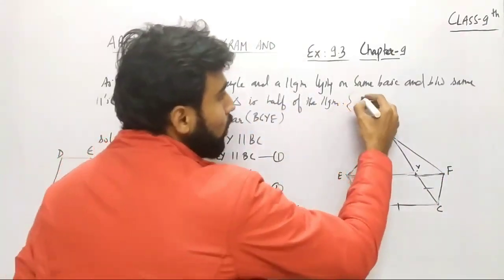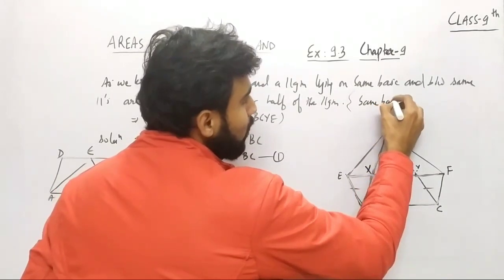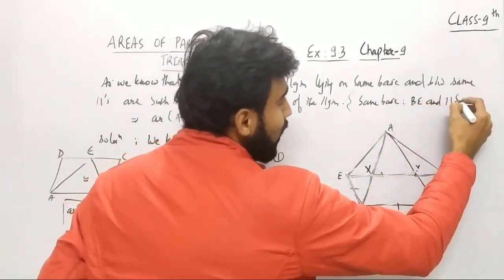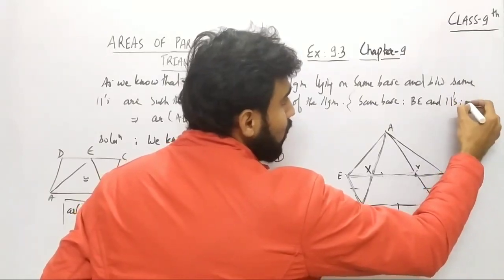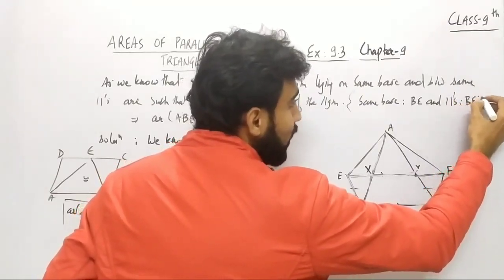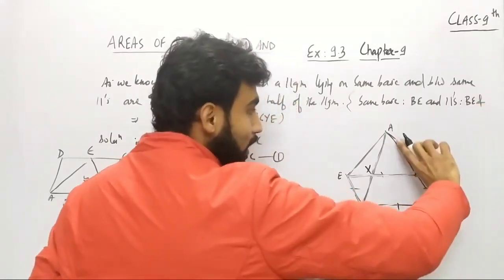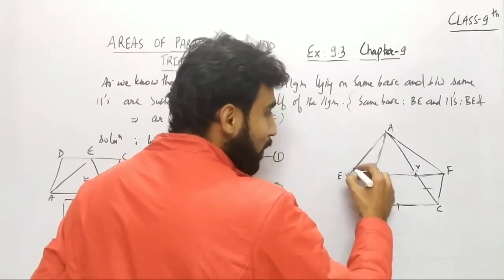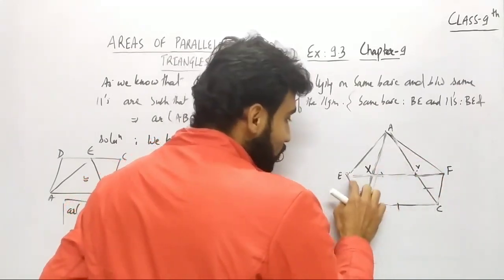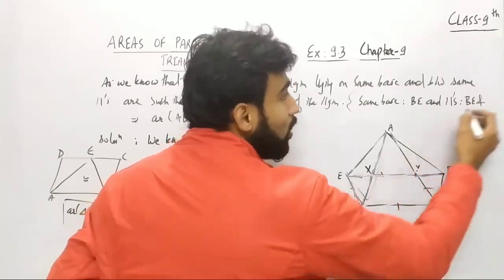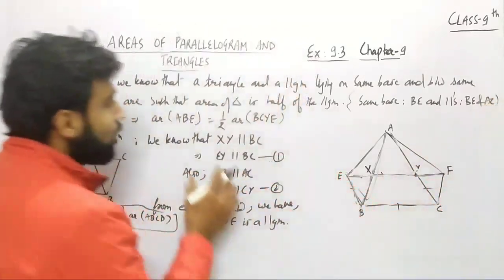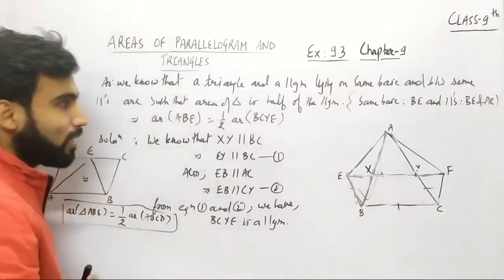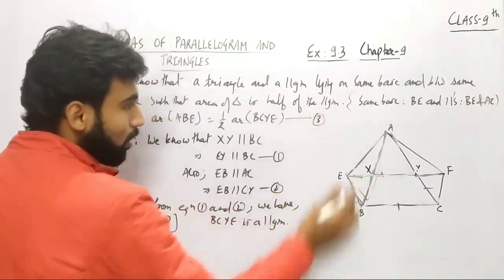You can also write down the same base, which is BE, and the parallels as BE and AC. So ये BE और AC के बीच में ही देख सकते हैं आप दोनों triangles और same base पे हैं और दोनों parallels के बीच में है, right? So this is how we can say that the area of triangle ABE is half of the parallelogram BCYE. So let me just give it equation number 3, right?